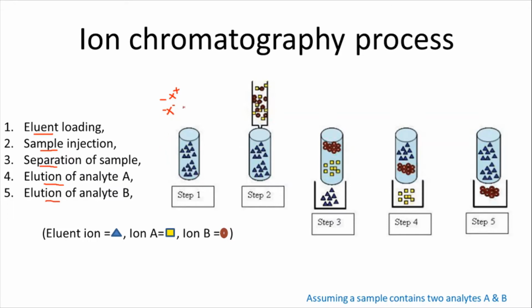After loading of the stationary phase, the second parameter is addition of eluent. Eluent is otherwise called a buffer, a corresponding buffer. The buffer contains some ions, both positive ions and negative ions.